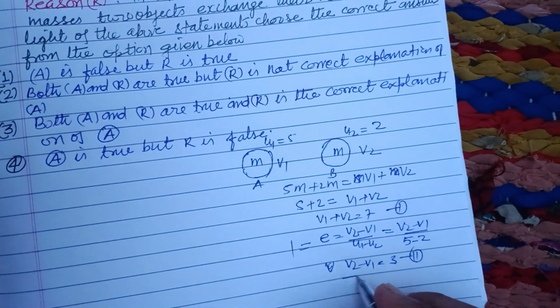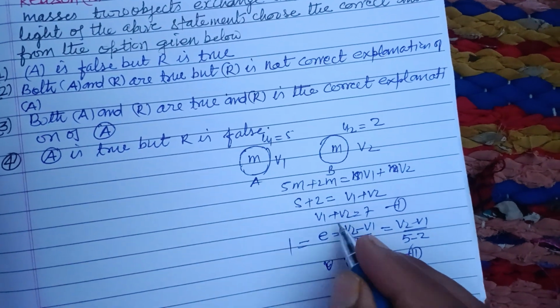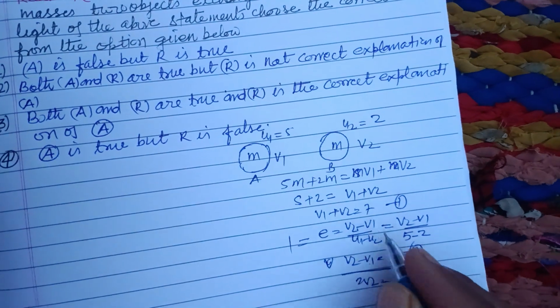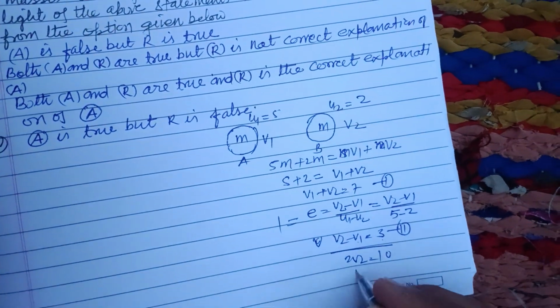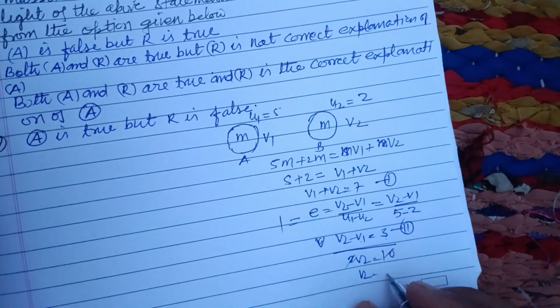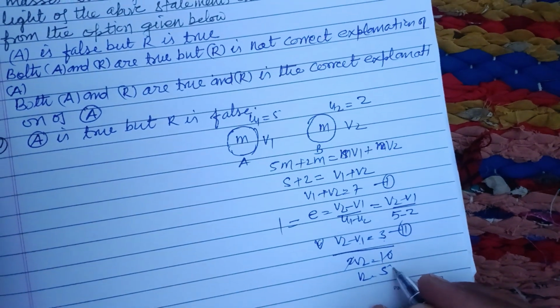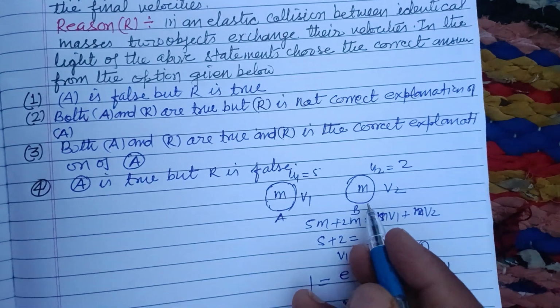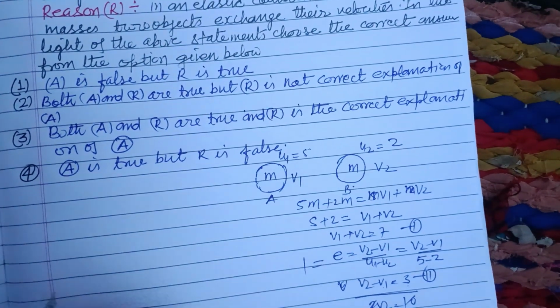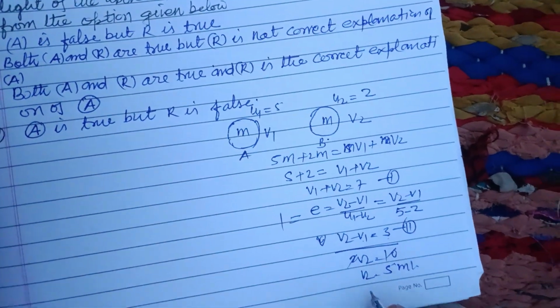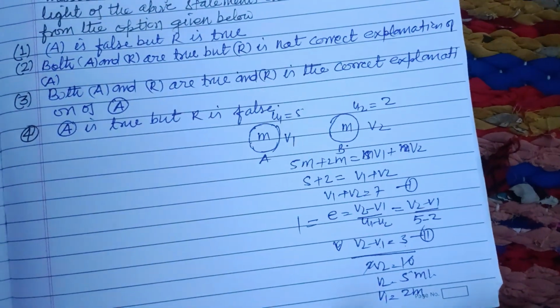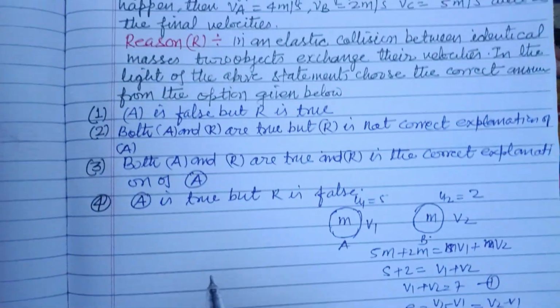Solving these, first and second, when we add, v1 cancels, 2v2 equals 7 plus 3, that is 10, v2 equals 5 meter per second. So the velocity of particle B is 5 meter per second, and v1 is 2 meter per second. So the velocities are exchanged after the collision.